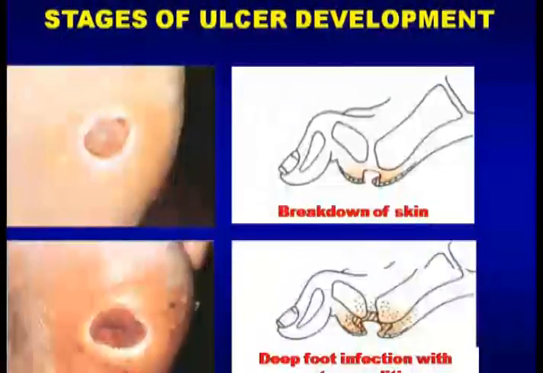And once the hemorrhages occur, the tissue breaks down, leading to ulcer formation at the site of the callus. And if the ulcer is not treated or is not closed in due course of time, it gets infected, and the infection goes directly to the bones, leading to osteomyelitis.